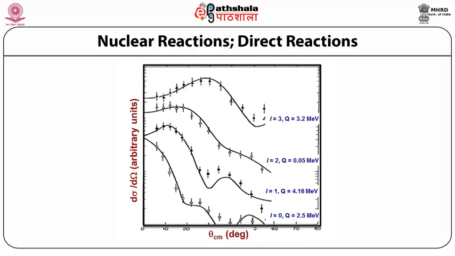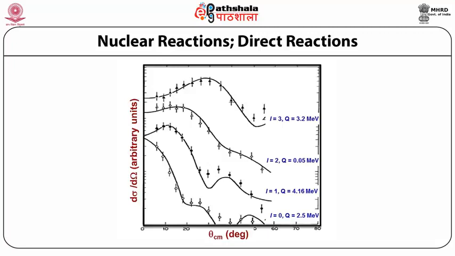But for increasing values of L, for example the second curve, the differential cross section initially increases up to 10 degrees or so, but after that it shows a reduction. Then again at around 30 degrees or so, the cross section increases a bit, but then decreases.